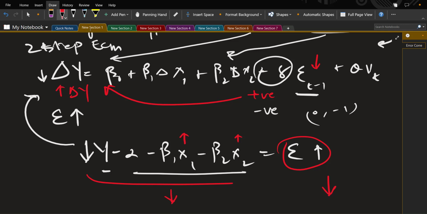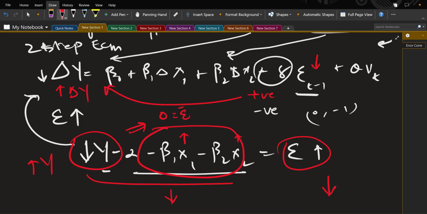So if there is an increase in y, this gap, which should be 0 because we assume the error term mean is 0, was decreasing to negative because of the increase in these values.